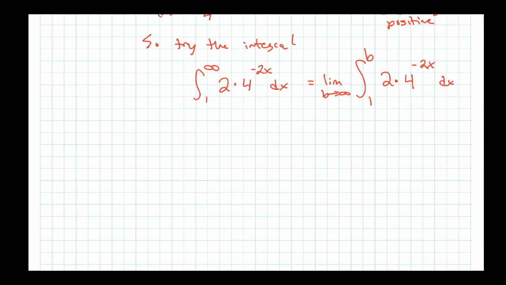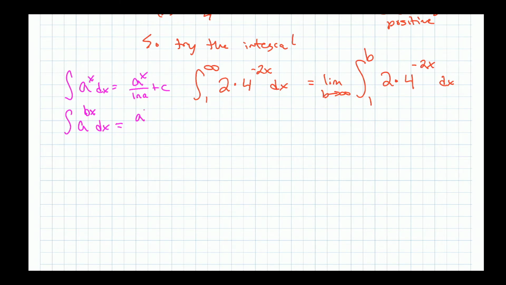What else are we going to do? I can do that antiderivative. Maybe you have to remember here: how do you do the antiderivative of a to the x? Remember, it's a to the x over ln a plus c. And if you want to combine that with a to the bx, technically you should do a u substitution there, u equals bx, but I don't want to.